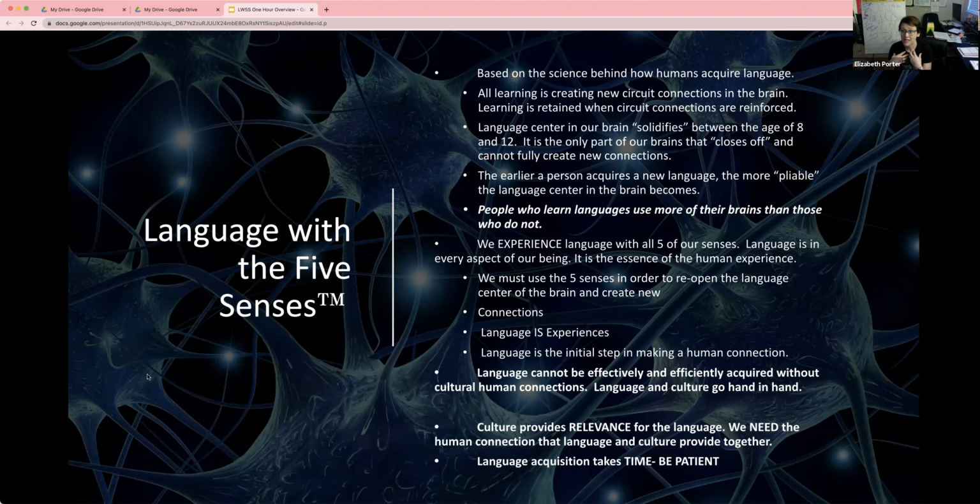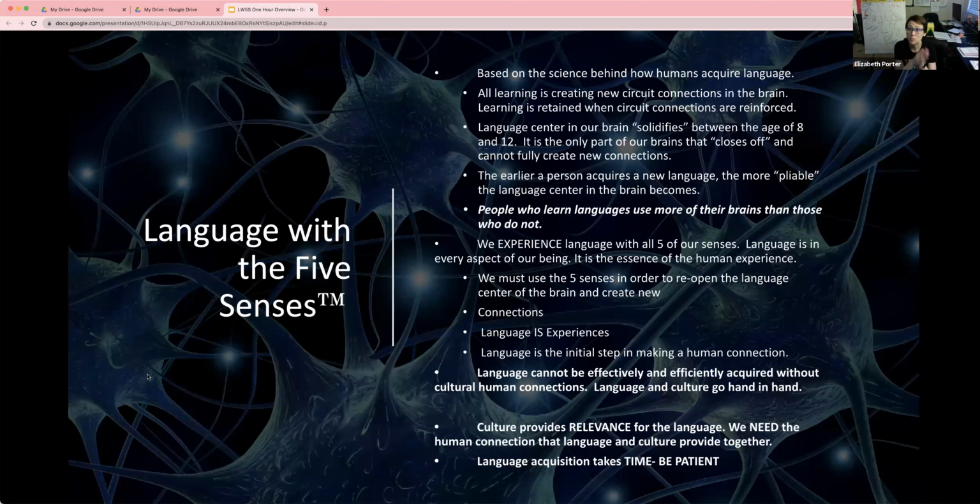We experience language with all five of our senses. It is the essence of the human experience. So this idea that we can play a game on an app for 10 minutes a day and become fluent in a language is preposterous to me. We can't do that. It doesn't work, because we need to use our senses and we need to have human interaction.